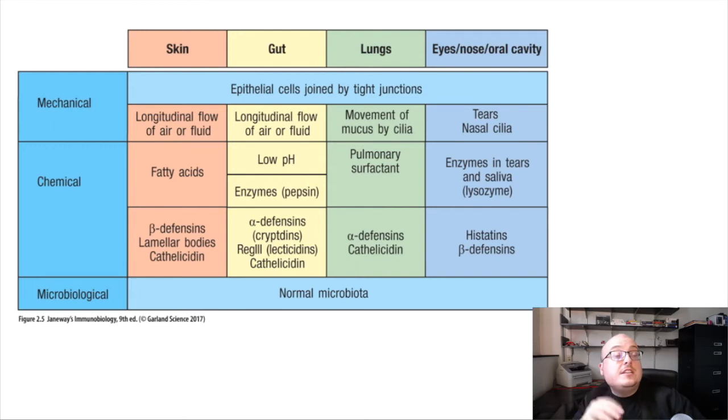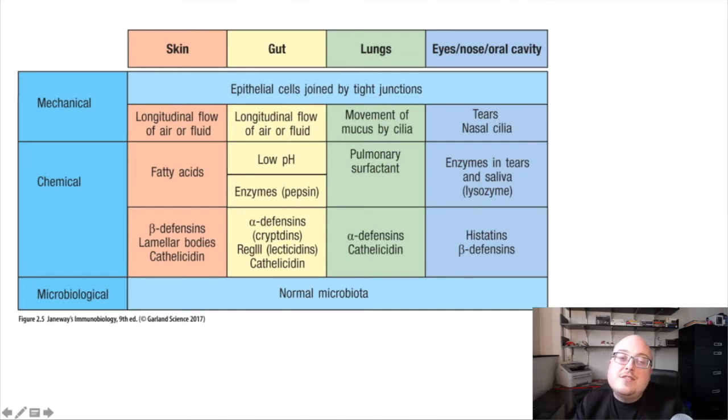So in addition to mechanical and chemical features, we also have microbiological strategies, and this includes the colonization of our skin by what we call our healthy bacteria, or our normal microbiome. So the bacteria that normally live on our skin and our other barrier tissues are really highly adapted to living in the ecological niche, which is our bodies, basically.